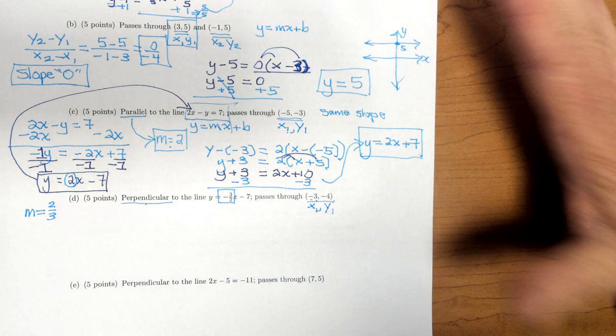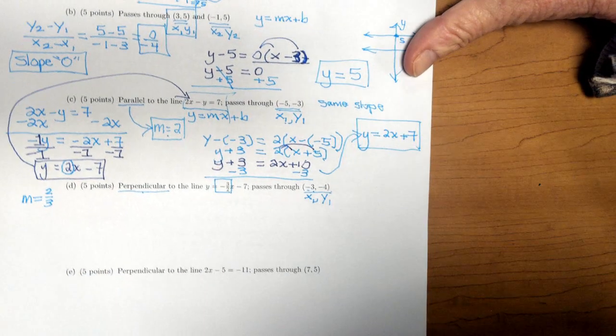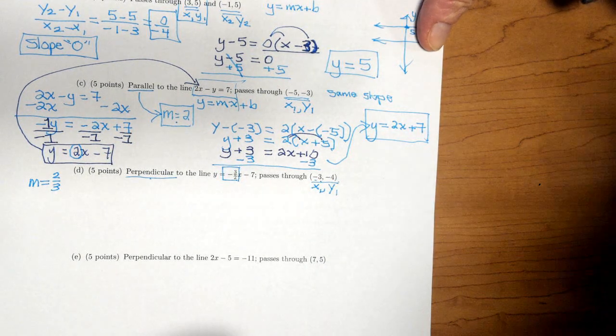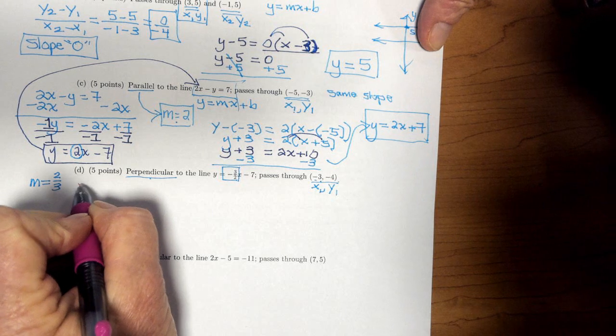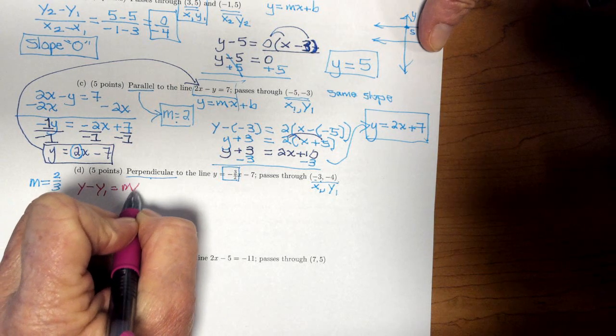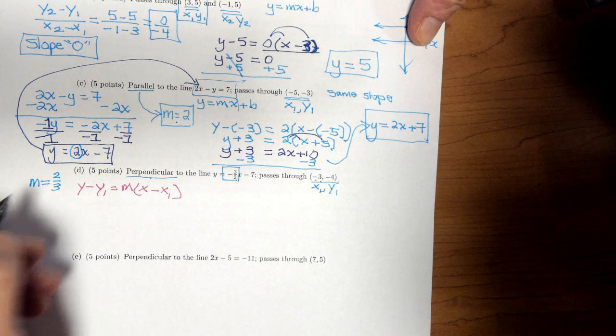So now I'm going to write using the point slope formula, y minus y1 is equal to m times x minus x1. And I'm going to go ahead and substitute.